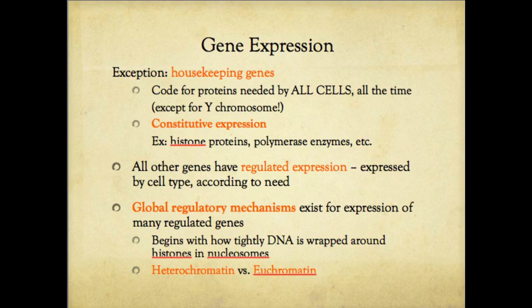It turns out that we can talk about two very different states of chromatin. We can talk about these nucleosomes being in two very different states of how tightly wrapped and how tightly packed they are. The first state is called heterochromatin, and the second state is called euchromatin.